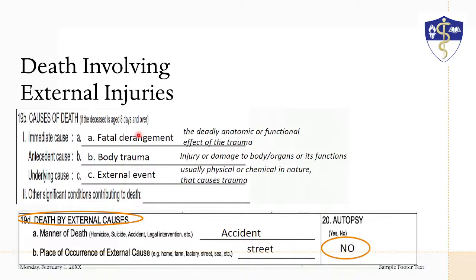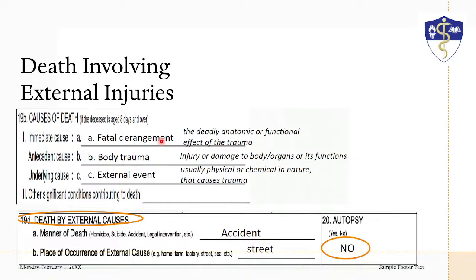Was it an open fracture or a closed fracture? You're going to place that in there. Skull fracture, closed, due to blunt trauma. Or open fracture due to the vehicular accident. It depends on the findings.